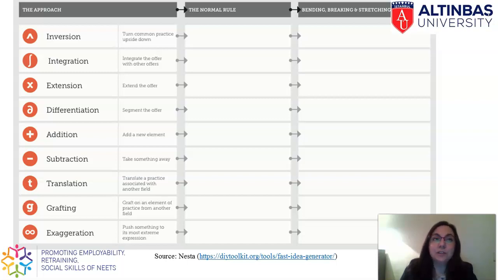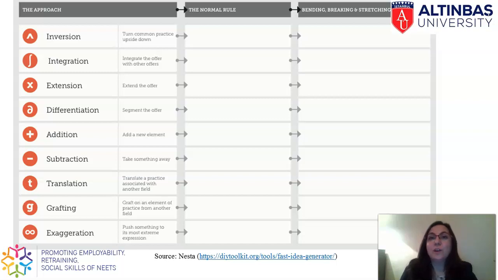In the inversion approach, what you need to do is to turn common practice upside down. So, for instance, the normal rule is that doctors treat patients, right? So now you have to turn this upside down. If the normal rule is that doctors treat patients, then how about patients treating doctors?